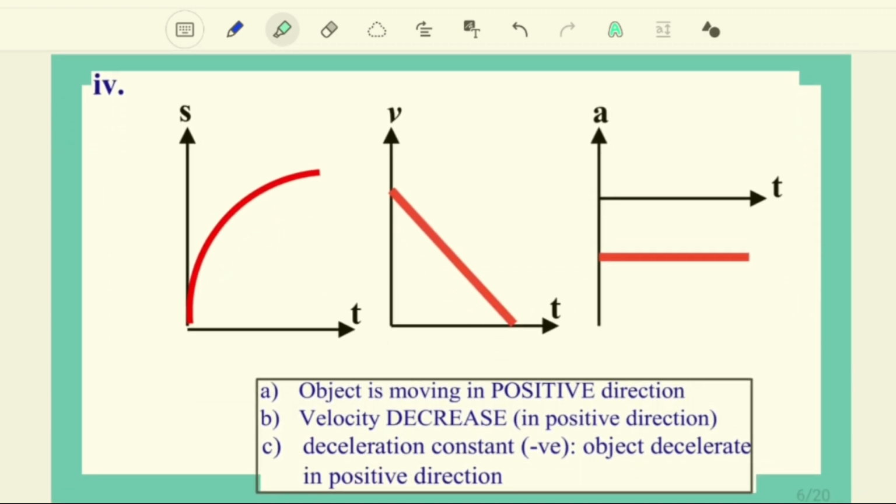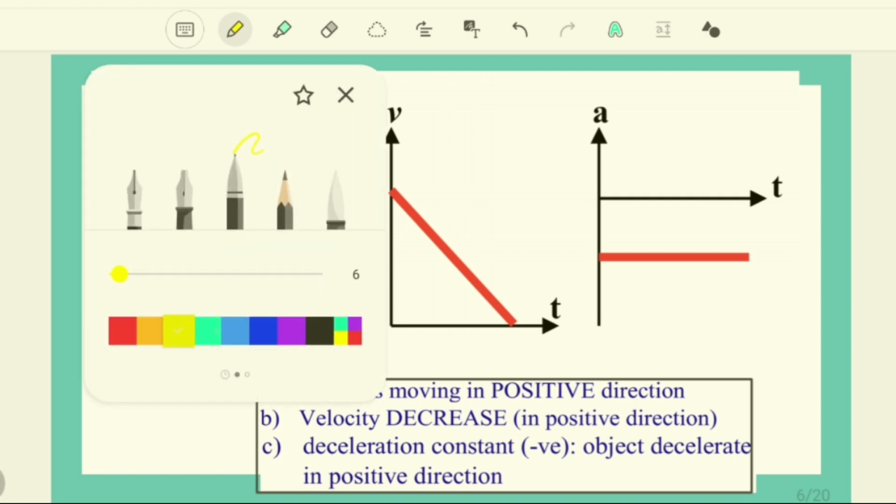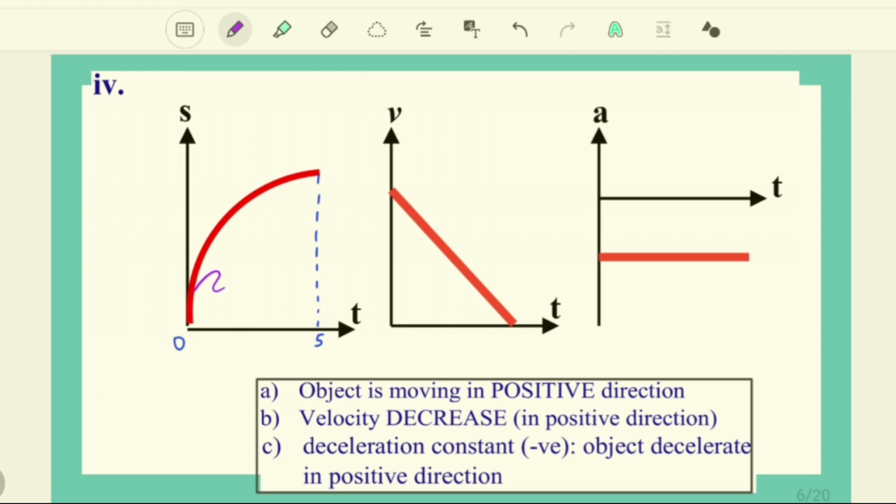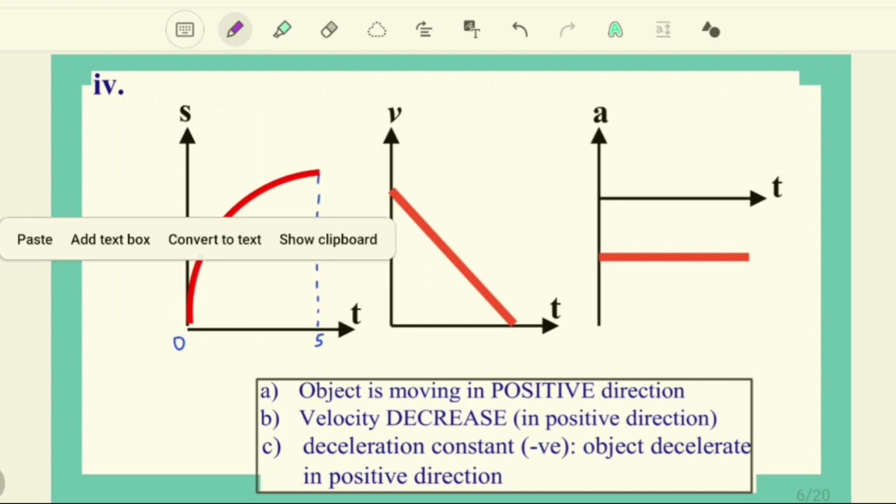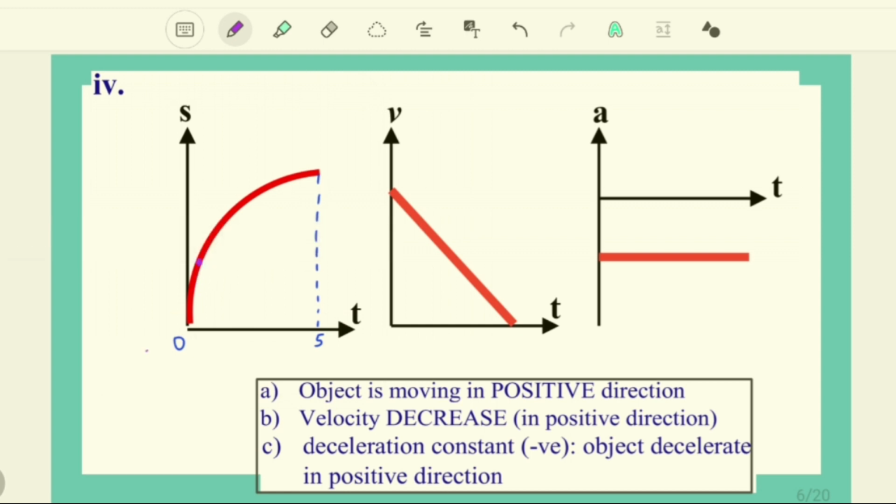Okay, how about this one? Look at the graph S against T. Okay, kita nak tahu. Let's say line kita letak lagi sekali 5 second. So, we want to know in 5 seconds, what happened to the velocity? Is it increasing, decreasing, or constant? Okay, so we try to sketch. Let's try to sketch the triangle. Let's say at this point. Okay, kita lukis.